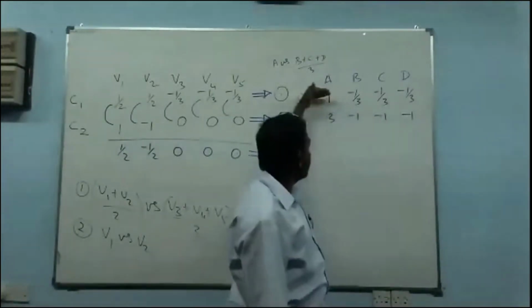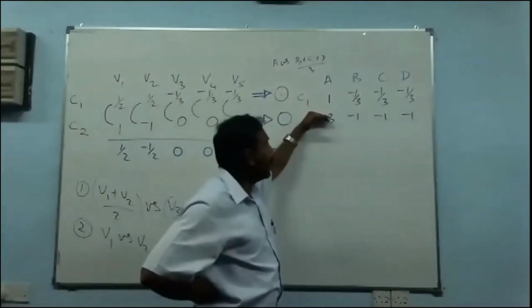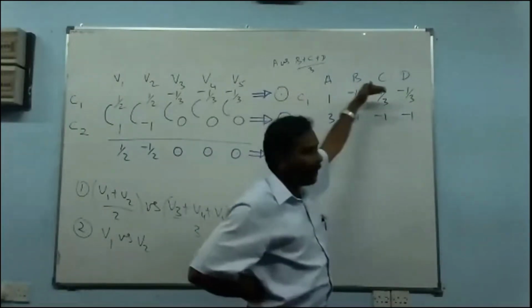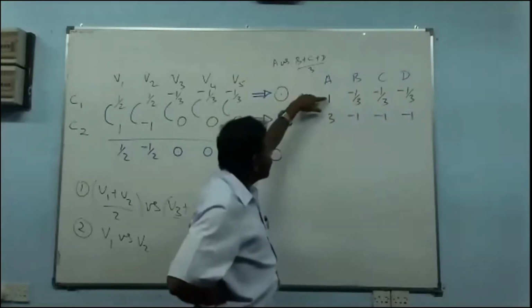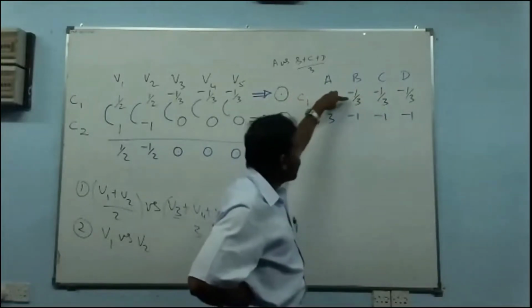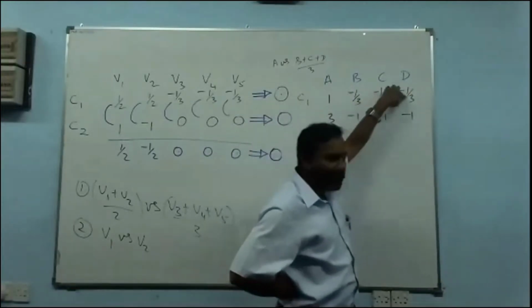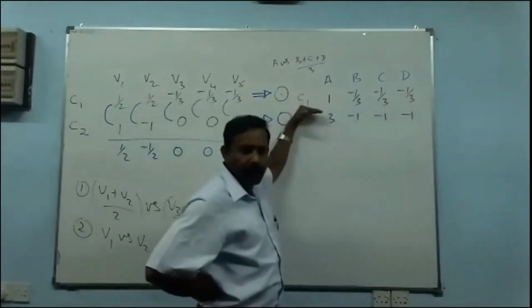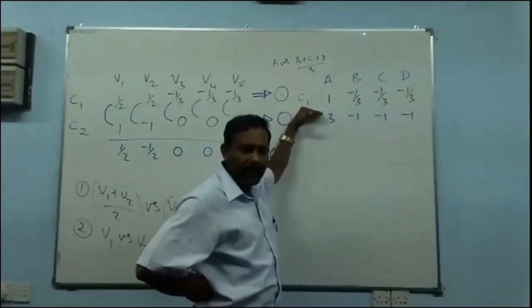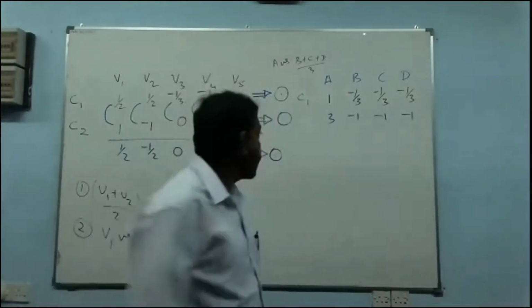No difference at all. Why? I have multiplied the whole set of coefficients by 3. So we can write either this way or this way. Both ways are correct. Is it clear? Right.